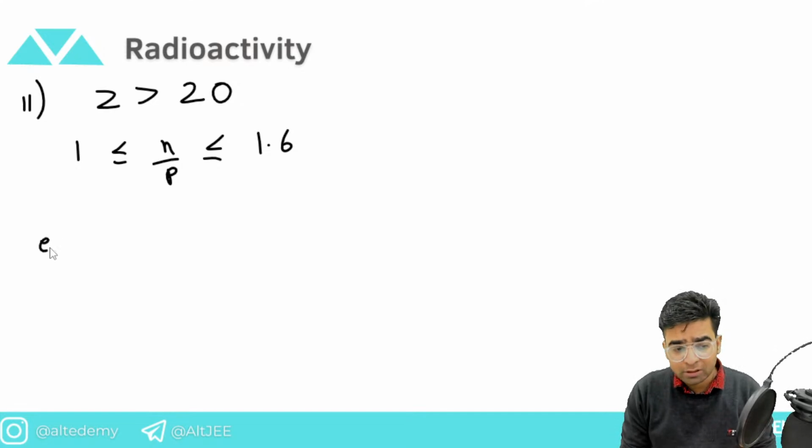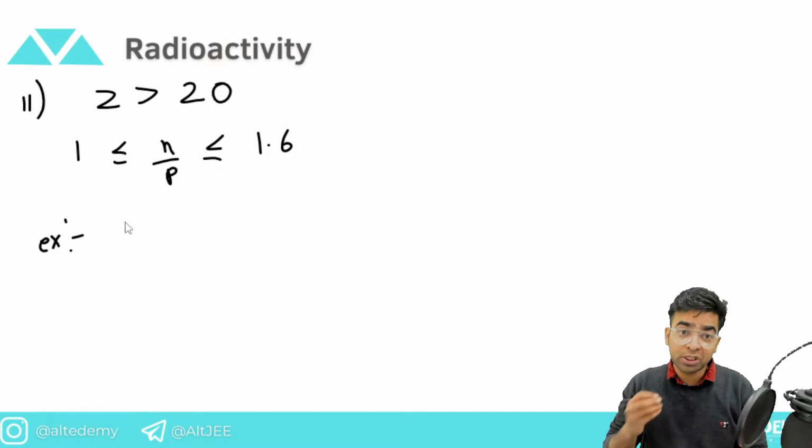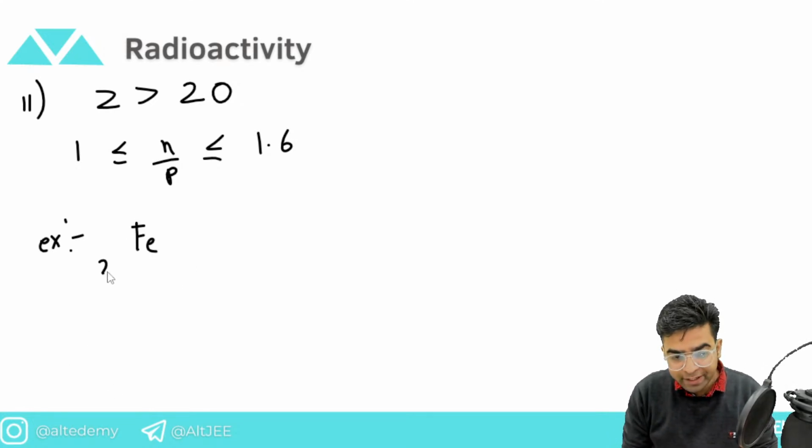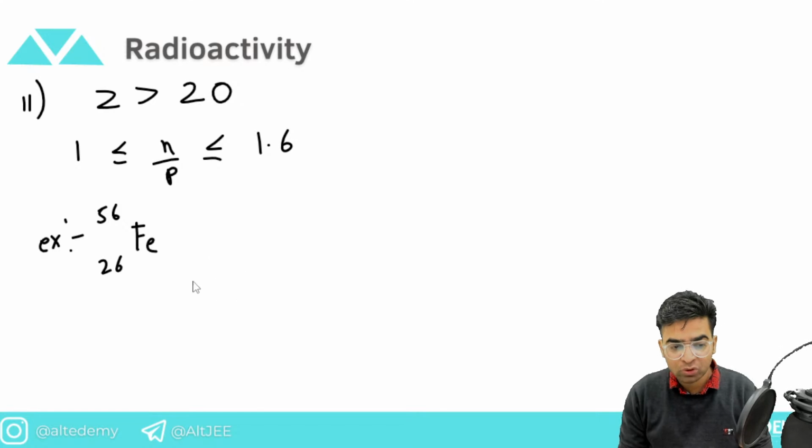Let's take for example the most stable atom, which is iron, Fe 2656. It has 26 protons and 30 neutrons.